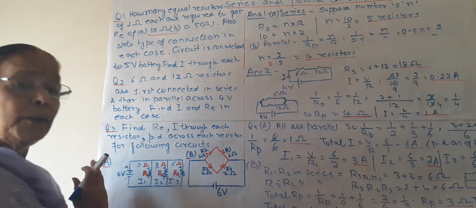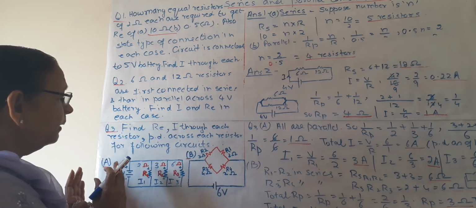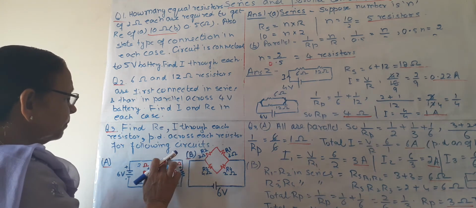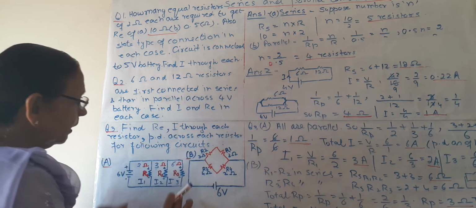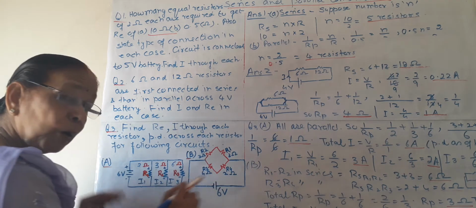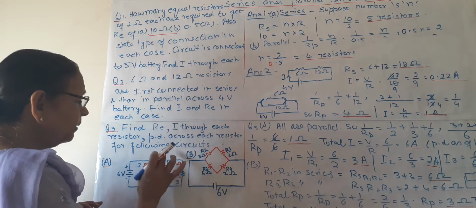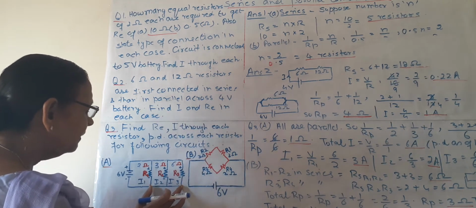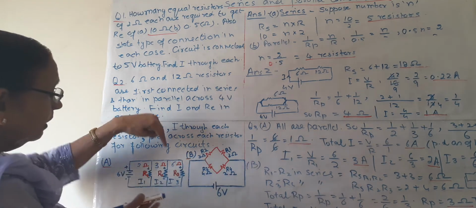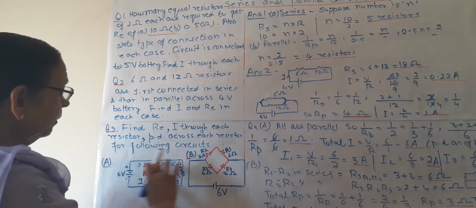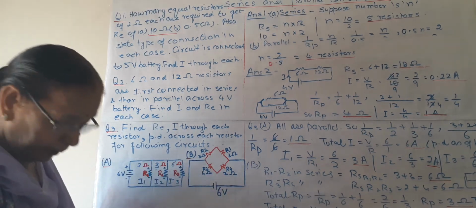All are joined in parallel. This point and this point, all are together. This and this, all are together. So PD at these 3 points and PD at these 3 points, this is the same PD and this is the same PD. So these 3 are joined in parallel.